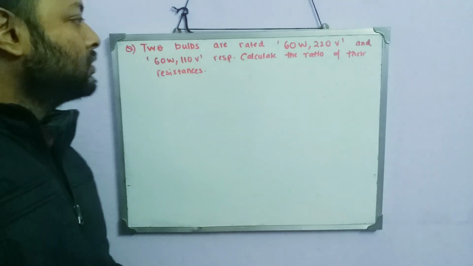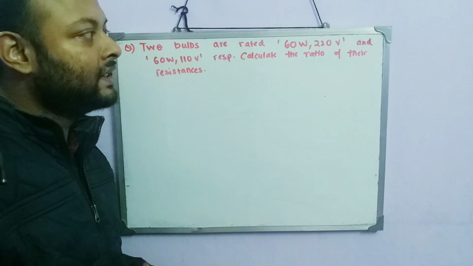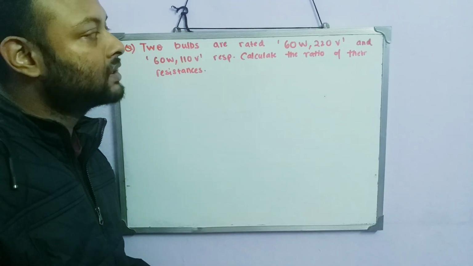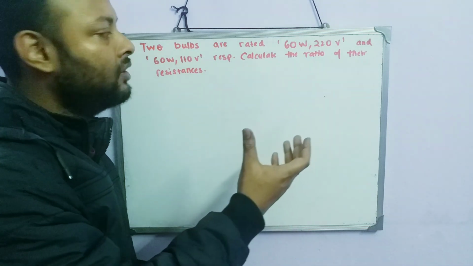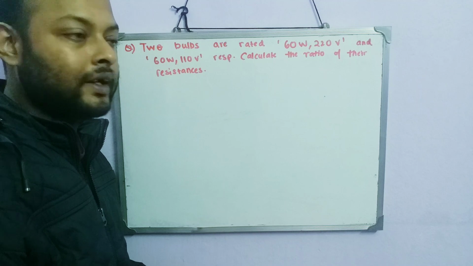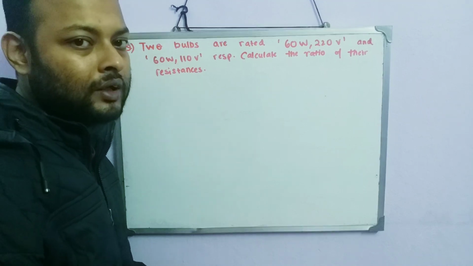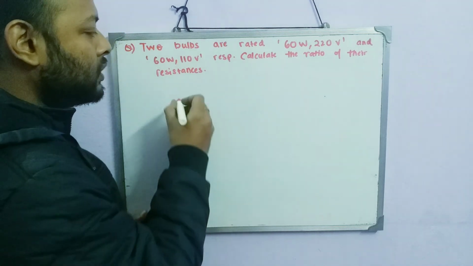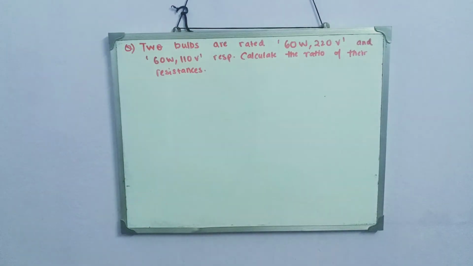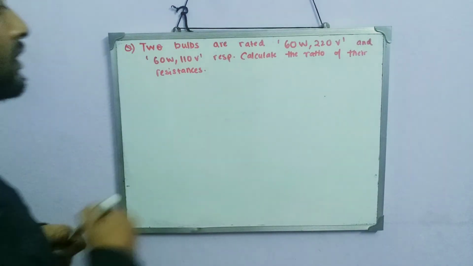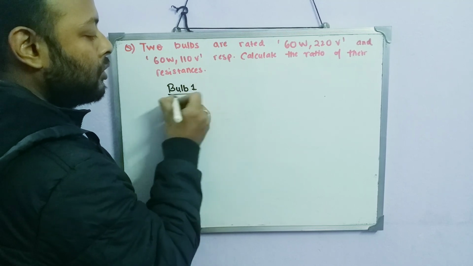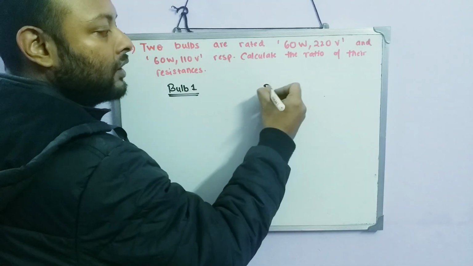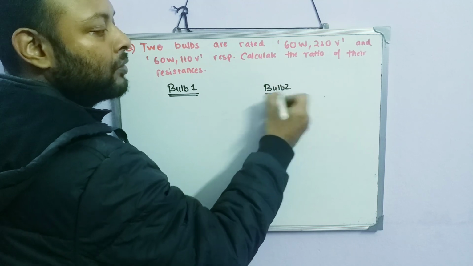Okay, so this is one question which I have selected, a very easy question initially so that you understand. Two bulbs are rated 60 watt 220 volt and 60 watt 110 volt, and I have to calculate their resistances. So let's do it in this way. Suppose this is bulb 1 and I take this as bulb 2.